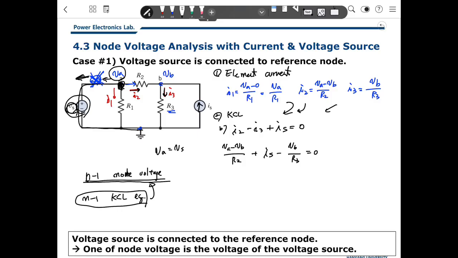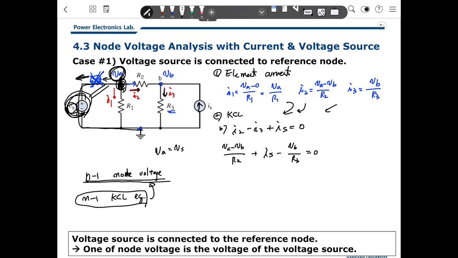But even though we cannot get a KCL equation at node A, why would we make a node A equation? Because we want to know the voltage VA. But this voltage source also gives me a hint. What's the value of VA? That is VS, same thing. Wow, thank you, this is good.